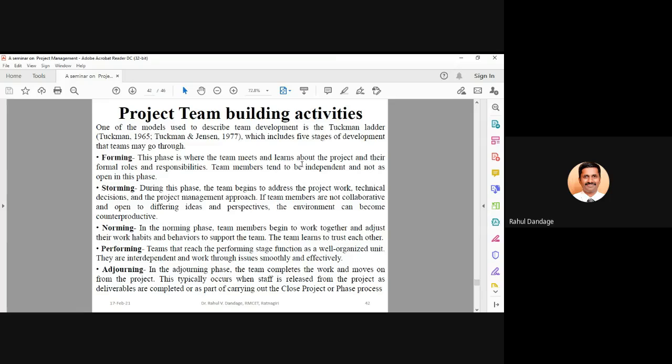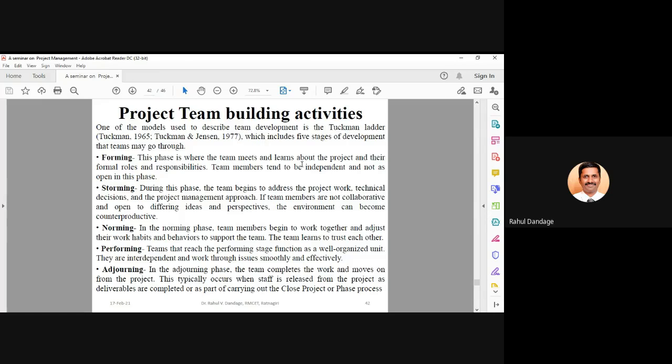So the journey which started with independence in the forming phase is now about to end, and in this particular phase, the people have become interdependent. They are dependent on each other. They have learned what dependency is. They have learned to adjust themselves to the work habits.